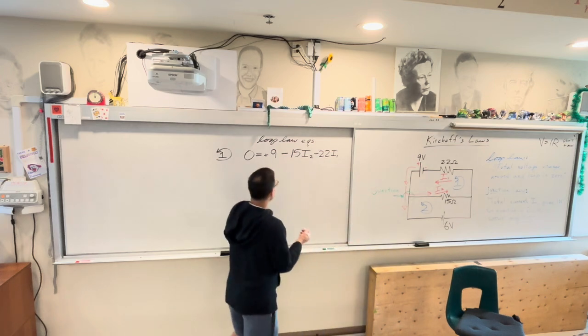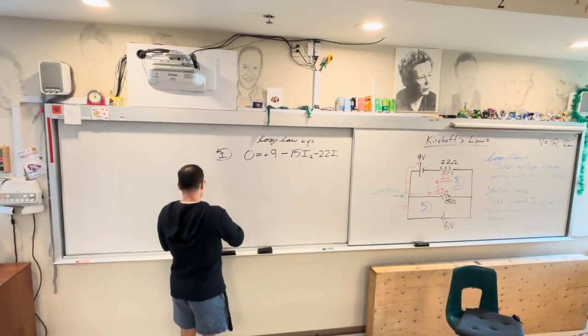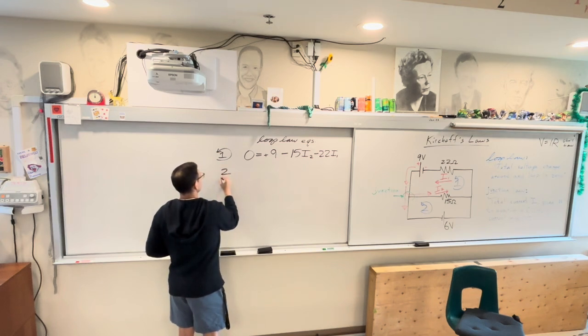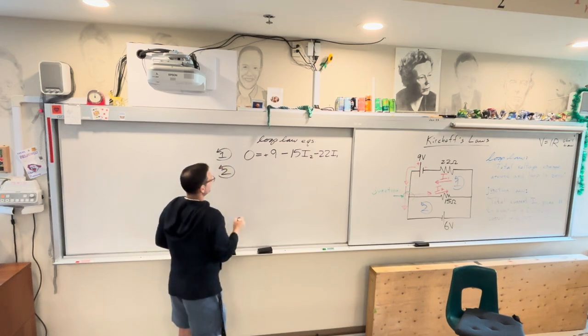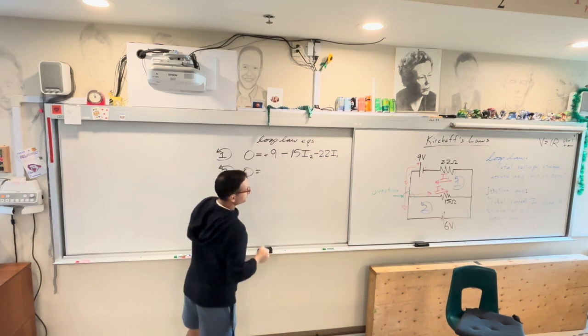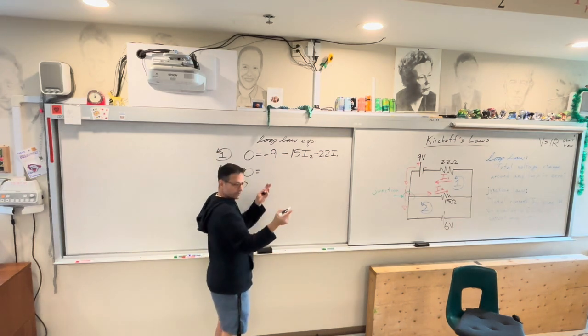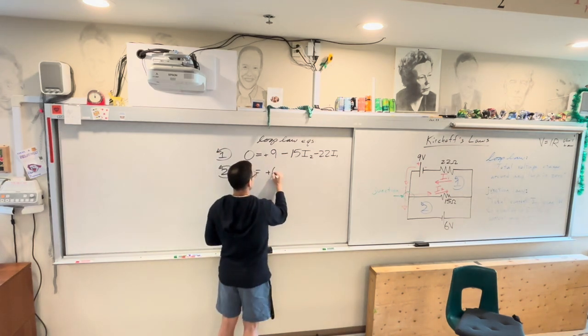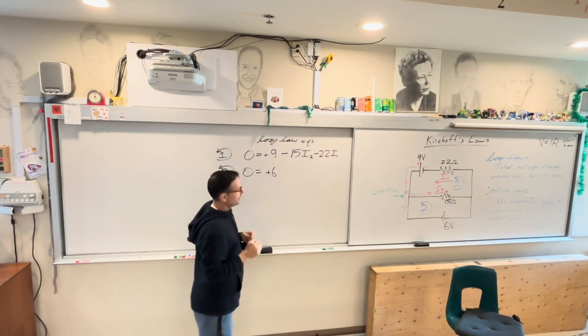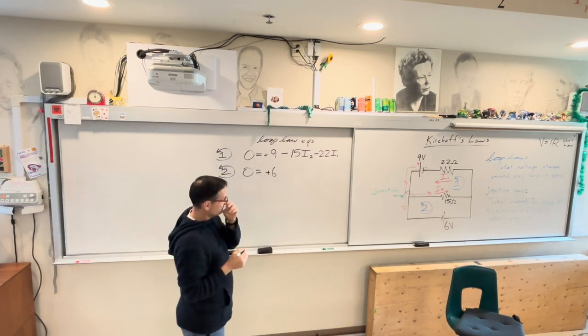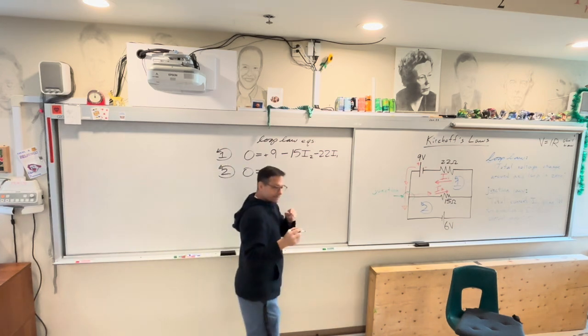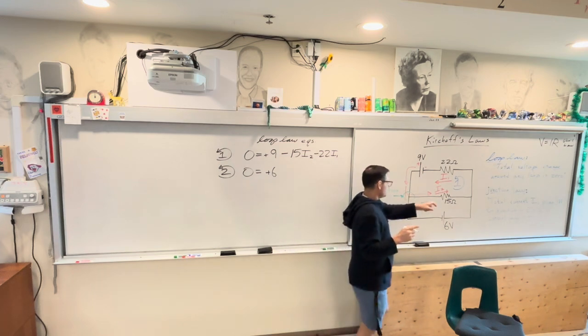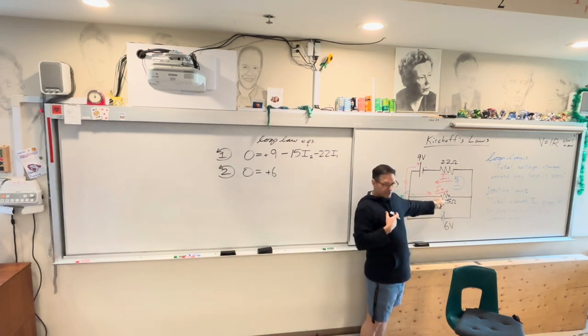And so if you start with your cell for loop 2, let's go in the same direction. And we're going to say 0 equals our good plus 6 volts. And then we really only have one resistor there. 15 I2. And is this going to be a voltage drop or a voltage gain? It's going to be a voltage drop.